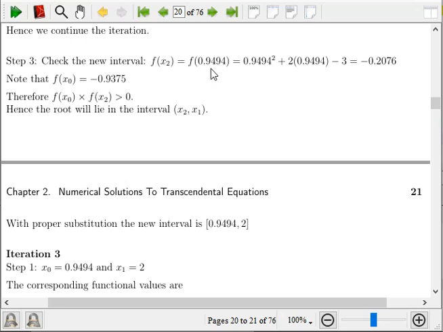So we find the functional values of f2 and f0 again, and you again see that the product is greater than 0, because this is negative, this is negative, this is negative, this is negative. So when we multiply, we get something greater than 0, which means the root will rather lie between x2 and x1, as I have explained.